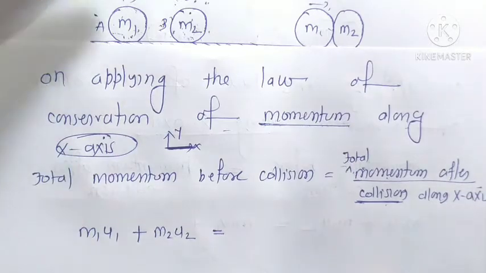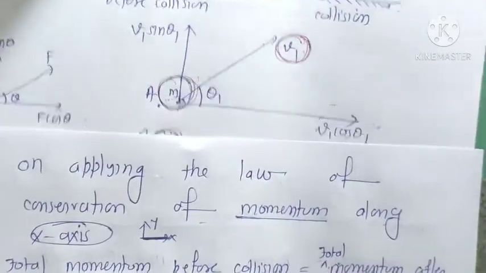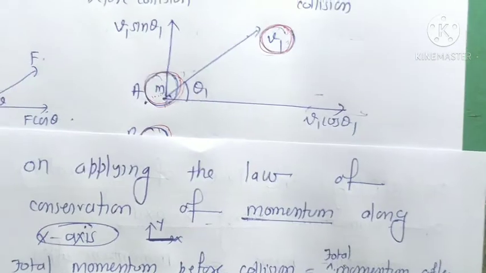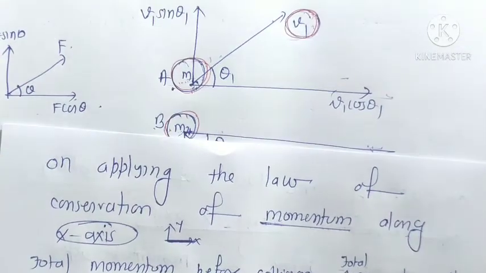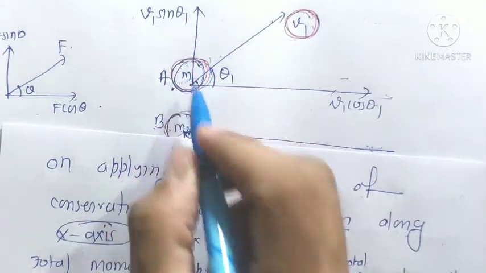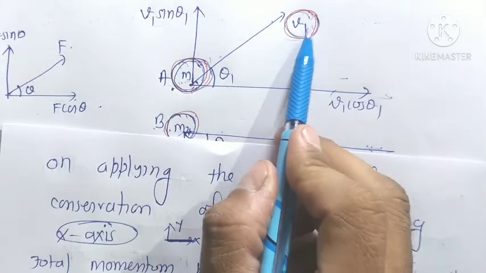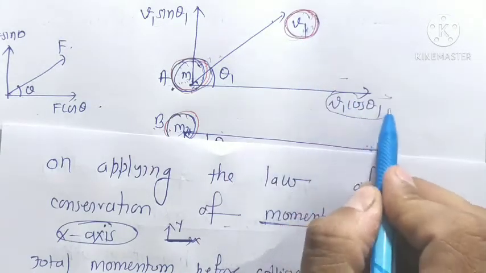So here we see the component along the x-axis. Here the first body will move with velocity v1 and its horizontal component is v1 cos theta 1.